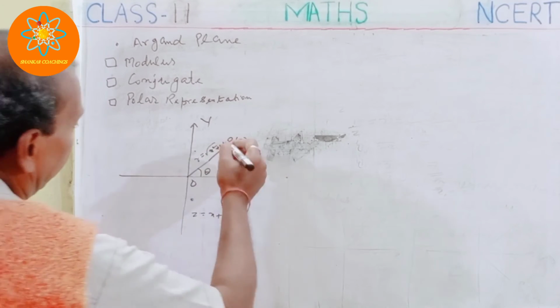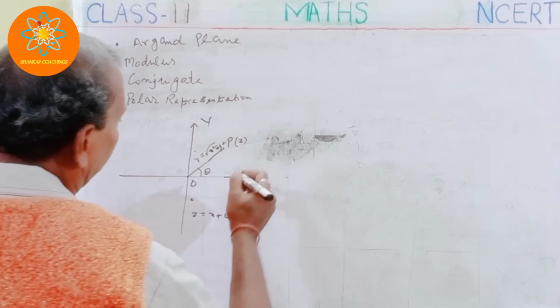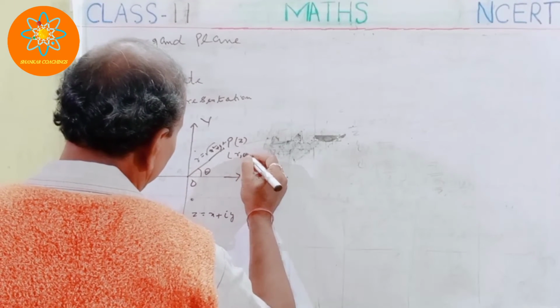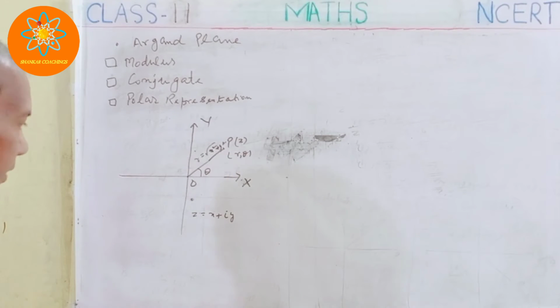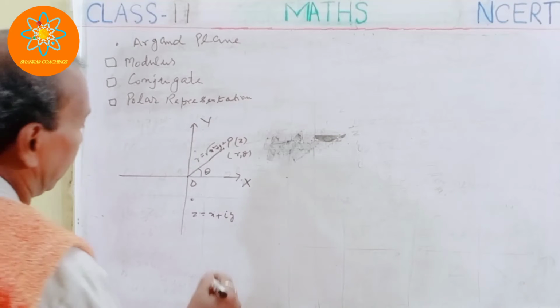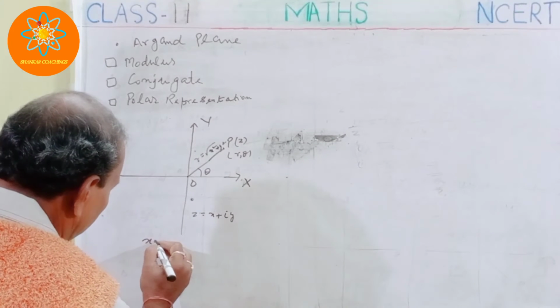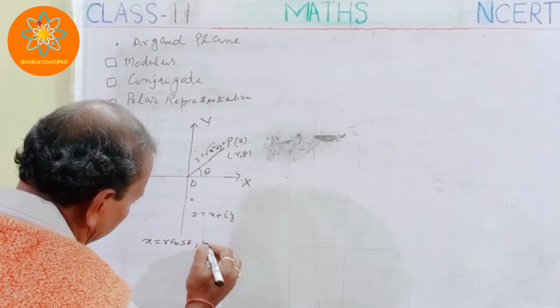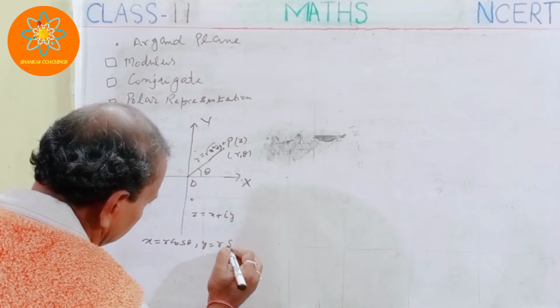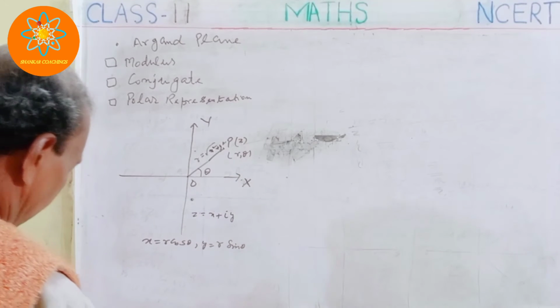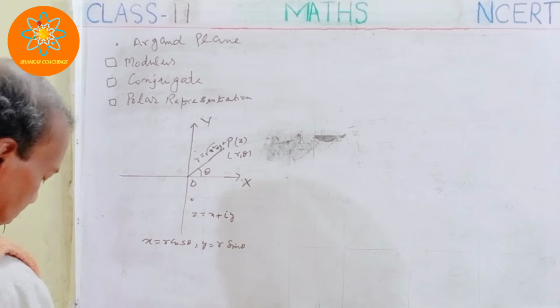So this P is denoted by the polar coordinates r and theta, where x is equal to r cos theta and y is equal to r sin theta.